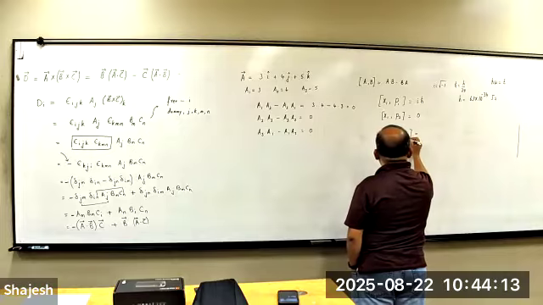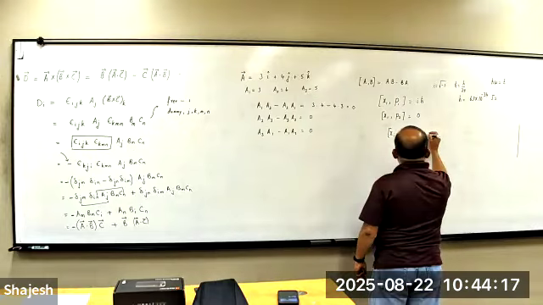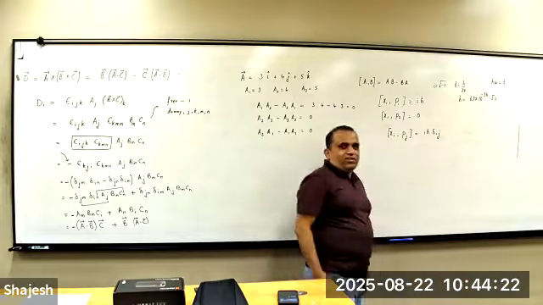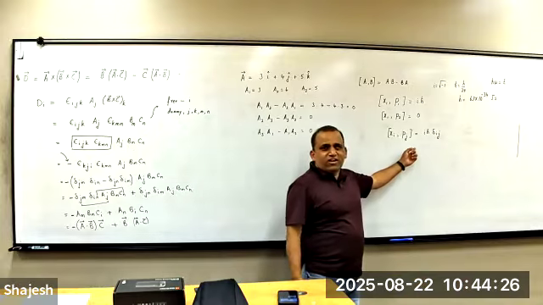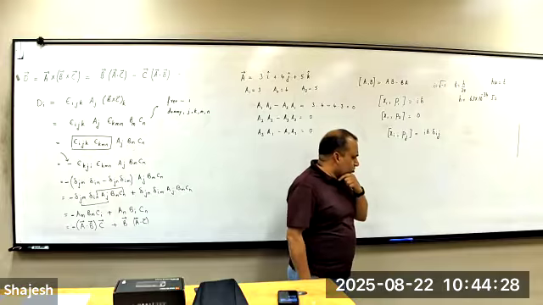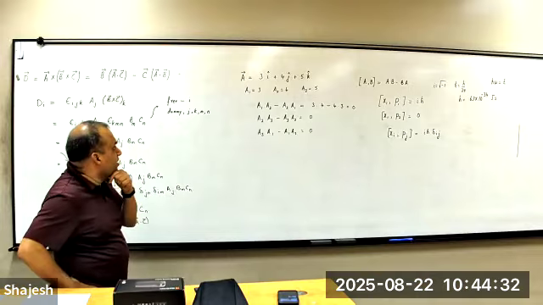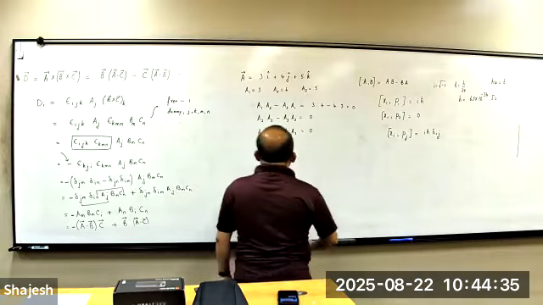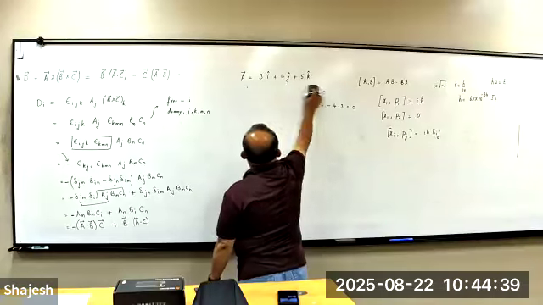It is i h bar delta ij. So the quantum mechanical relation, Heisenberg's commutation relation, can be written as i h bar delta ij. And then how can you get that?